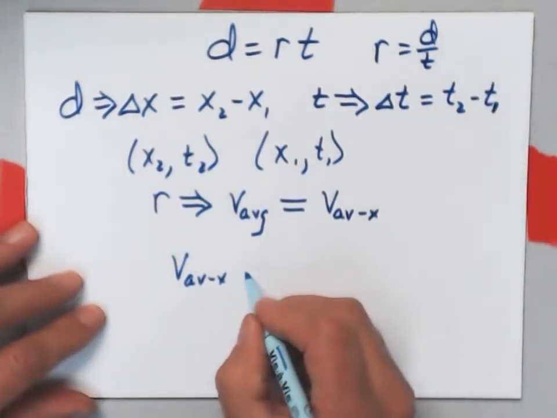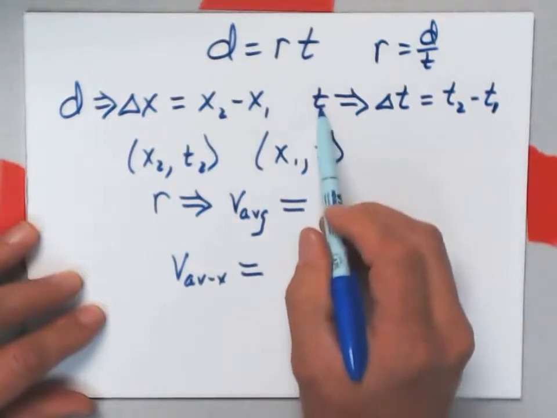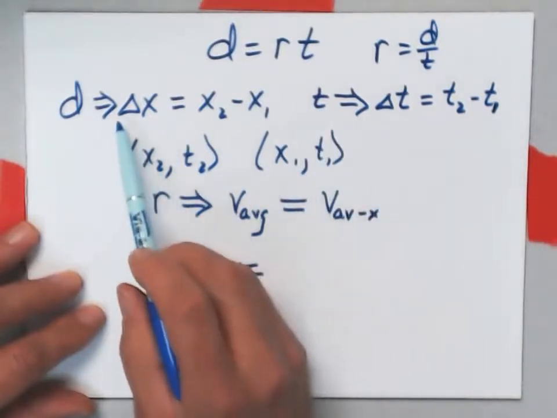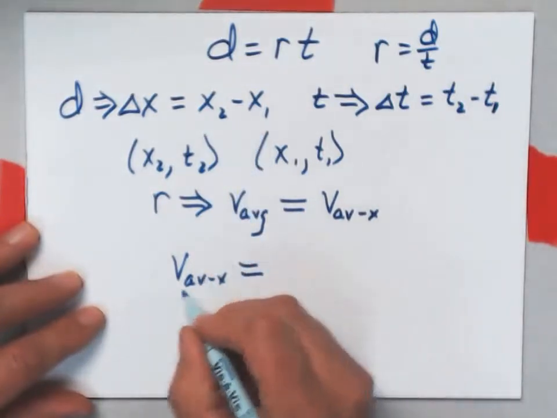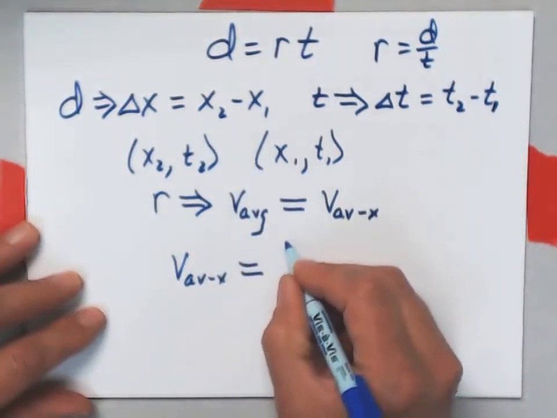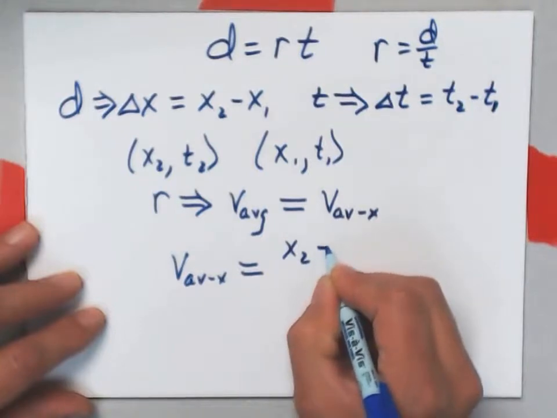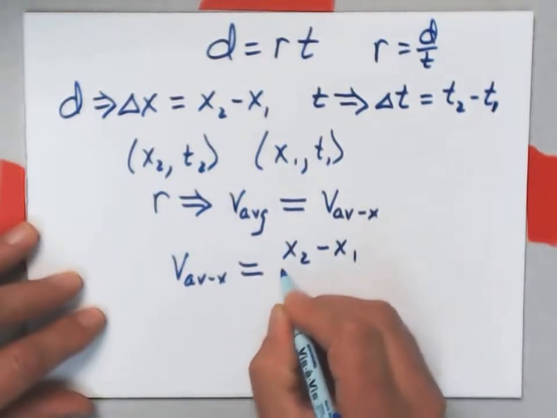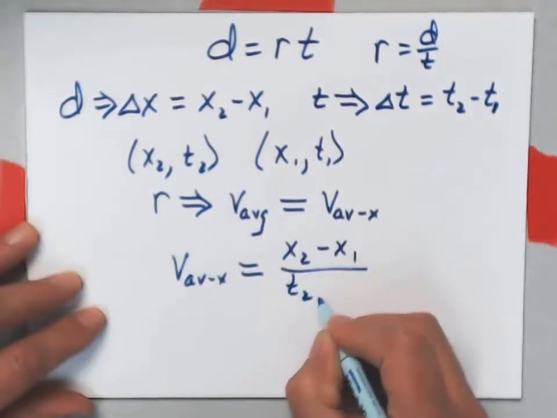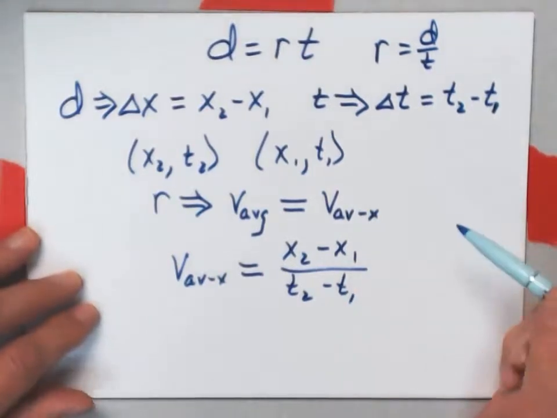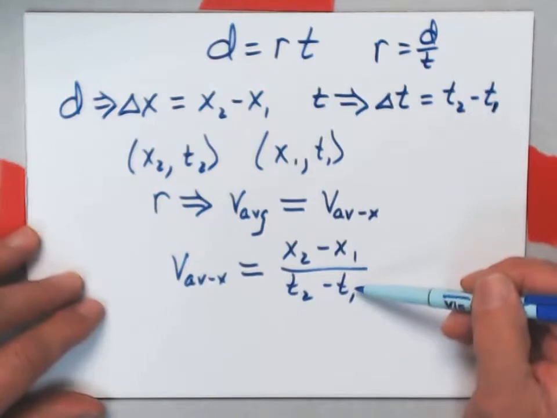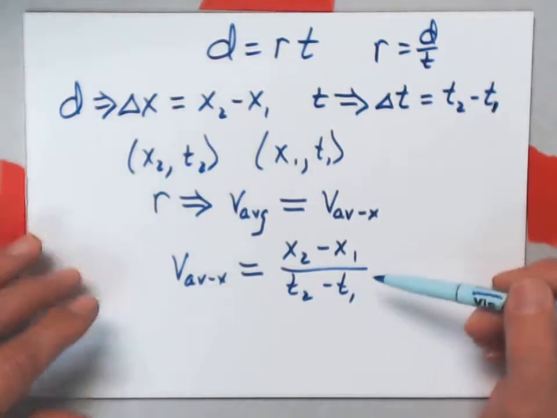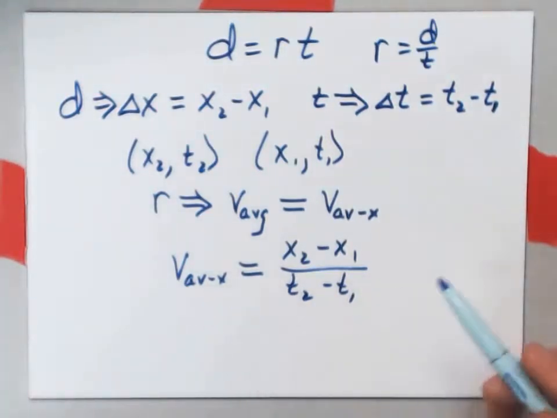But if I do all the substitutions that I've got here, time becomes this, distance or displacement becomes this, and I get that V average in the x direction is x2 minus x1 divided by t2 minus t1. It's just the distance traveled, the displacement, divided by how long it took to get there. And that's the average velocity in the x direction.